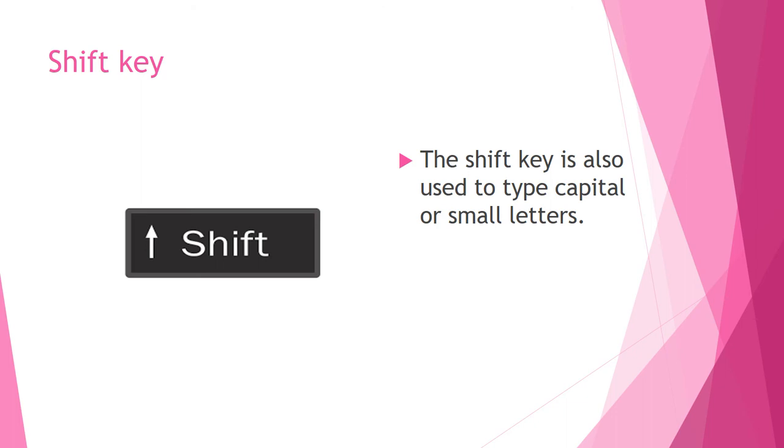To type a special symbol, we press the shift key along with that symbol key. For example, to get the symbol @, we press these two keys, shift and 2. Then you see on the screen @.